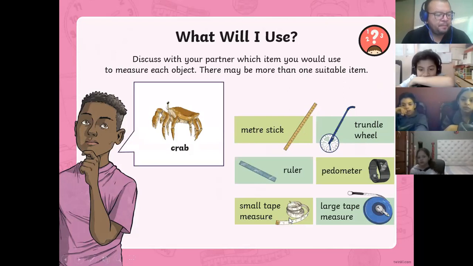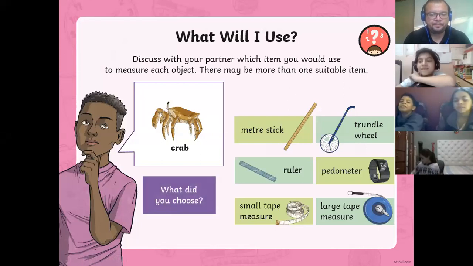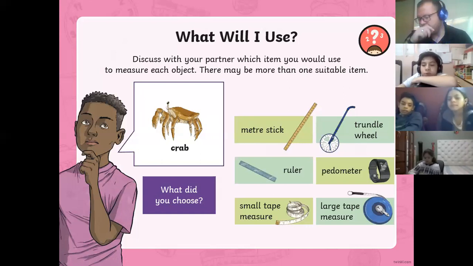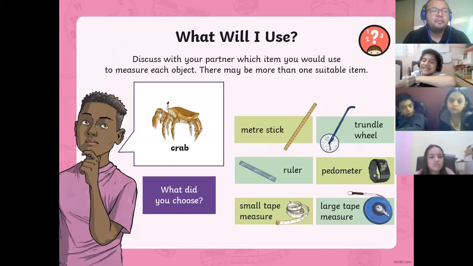A small tape measure could also be used to measure a crab. What do you choose to measure a crab? Ruler. A ruler.